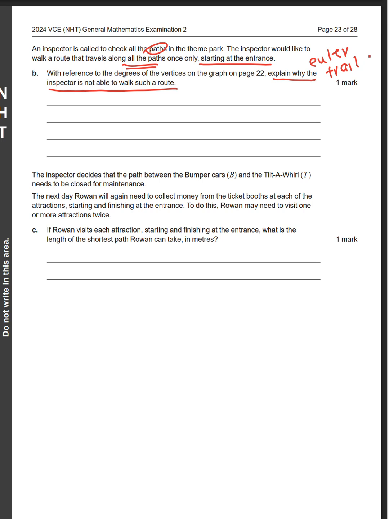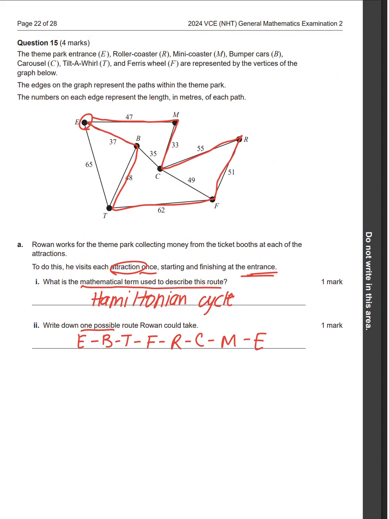Okay, so in order to have an Euler trail, we can only have two vertices that are odd. In this particular case, we have, that's 3, that's 3, that's 3, that's 3. So we actually have 4 that are odd. The rest of them are even.